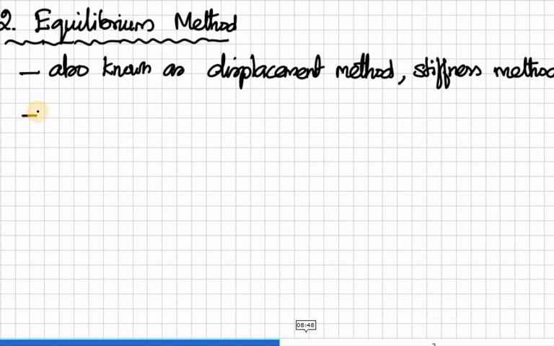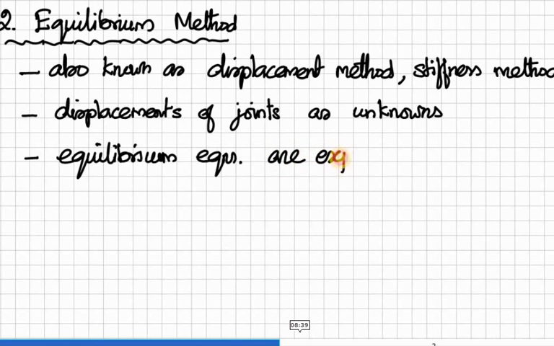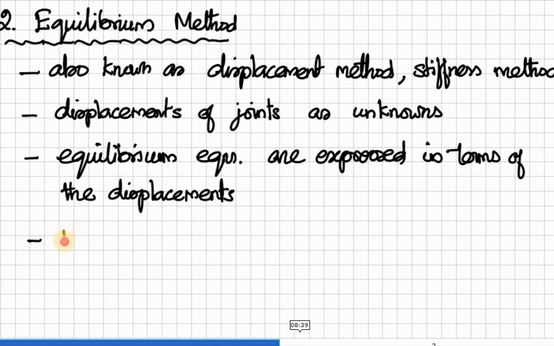So displacement of joints as unknowns. So equilibrium equations are expressed in terms of these joint displacements. And it is best suitable for computer or computerized.